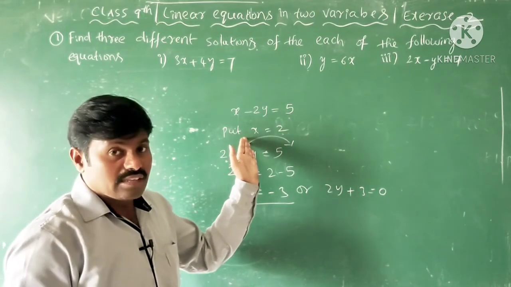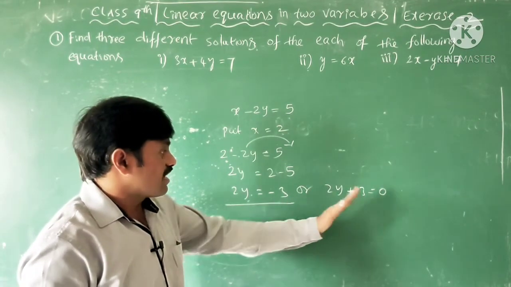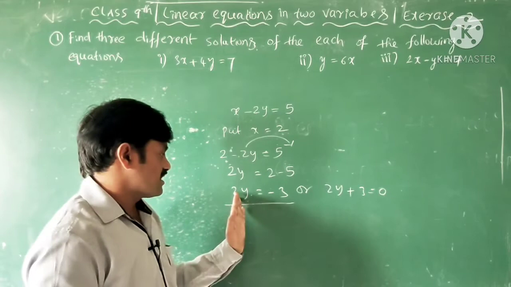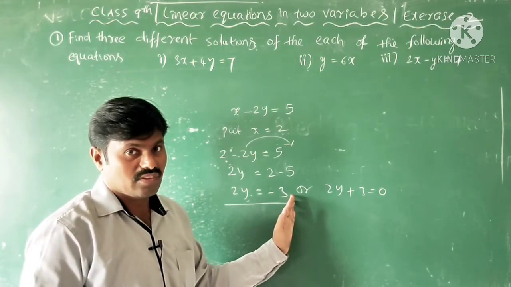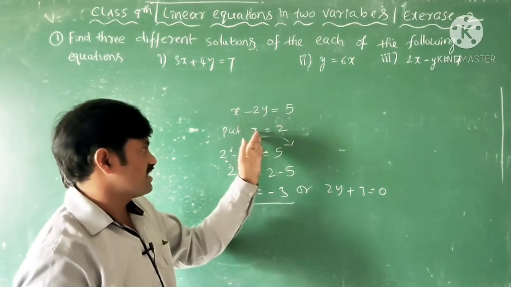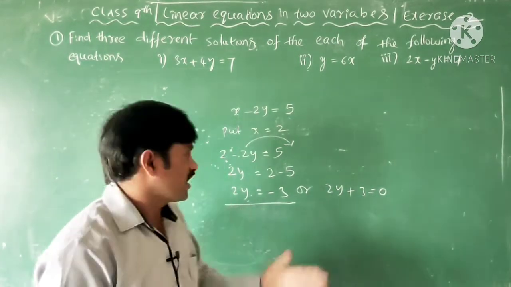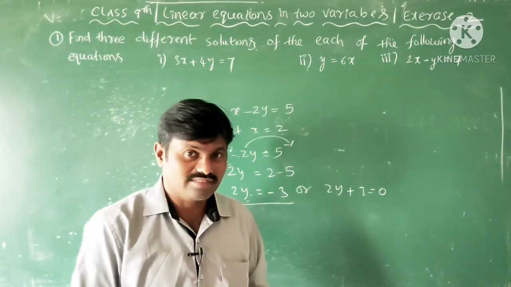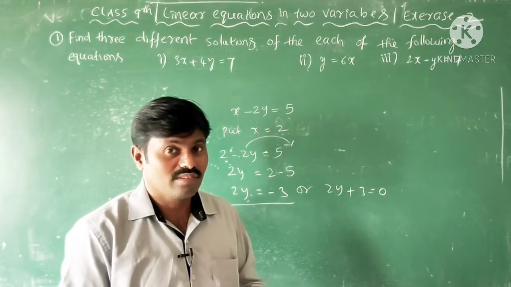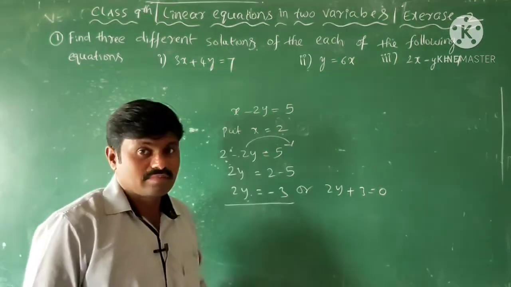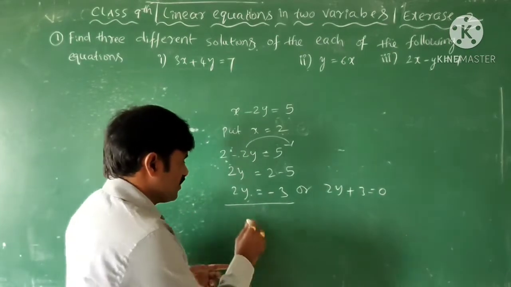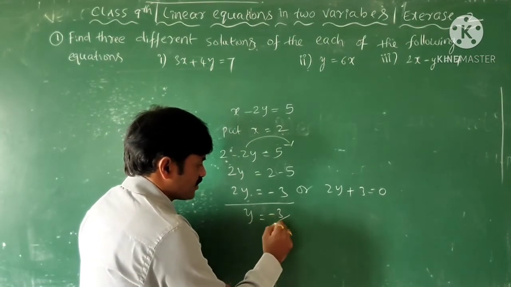So here LHS and RHS are not satisfying. Here LHS is 2y, RHS is minus 3. If LHS is equal to RHS, then we can say that this is the solution. But here we got a new equation. So can you say x is equal to 2 is the solution for it? No. So then what about the other? But still if you simplify it, we get the y value as minus 3 by 2.